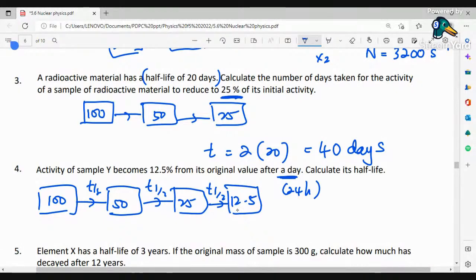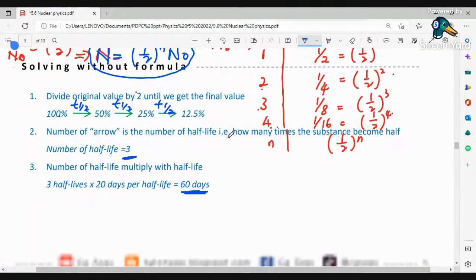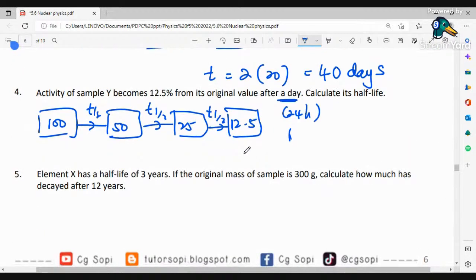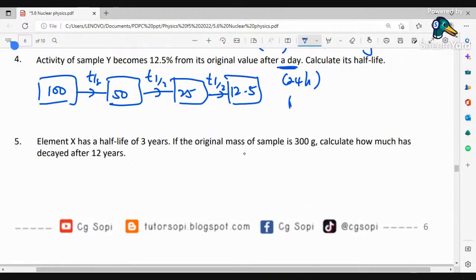So means the time taken, 3 half-life equals to 1 day. 1 day ialah 24 hours.